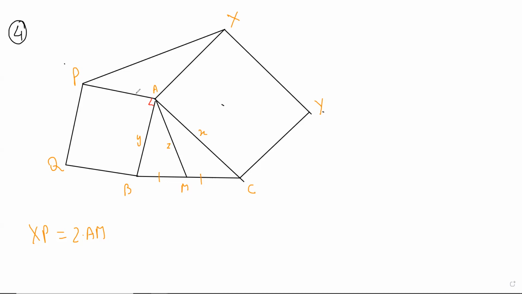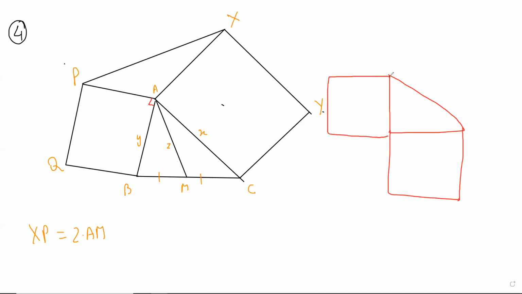So have you done it for a right angle triangle then? Something like this. Yes, sir, for a right angle triangle.